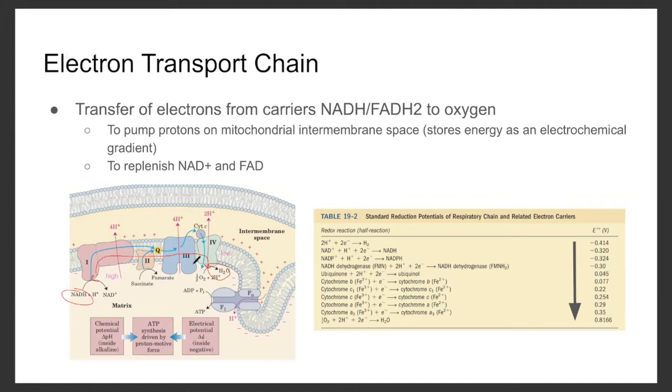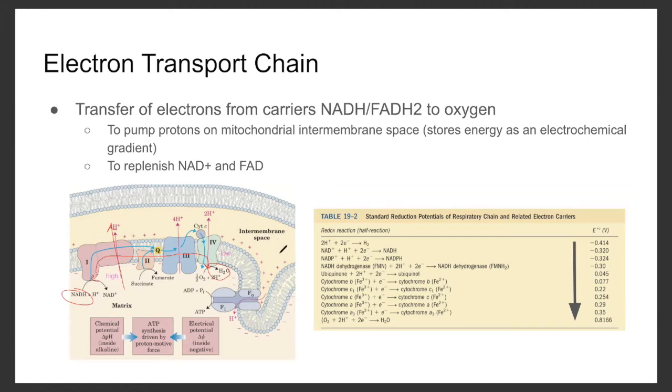That energy being released is used by the cell by having protons, or H+, pumped from the matrix to the intermembrane space. As you might think, the consumption of NADH pumps more and more H pluses to the intermembrane space, and it creates an electrochemical gradient in the intermembrane space.